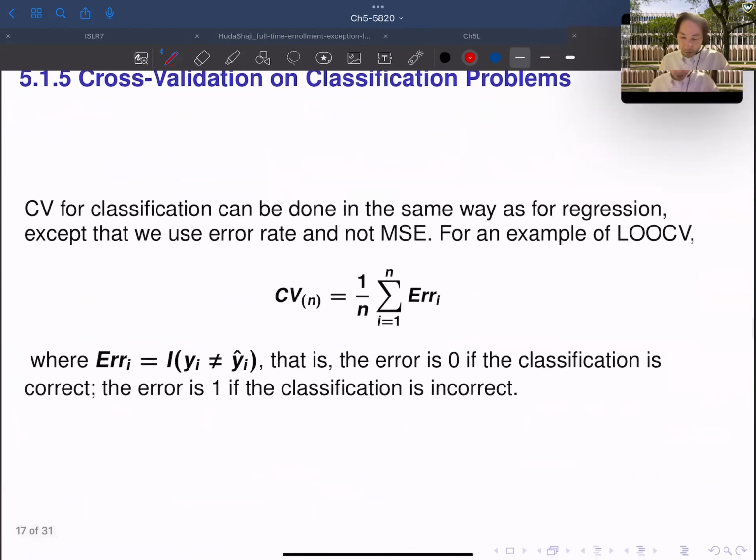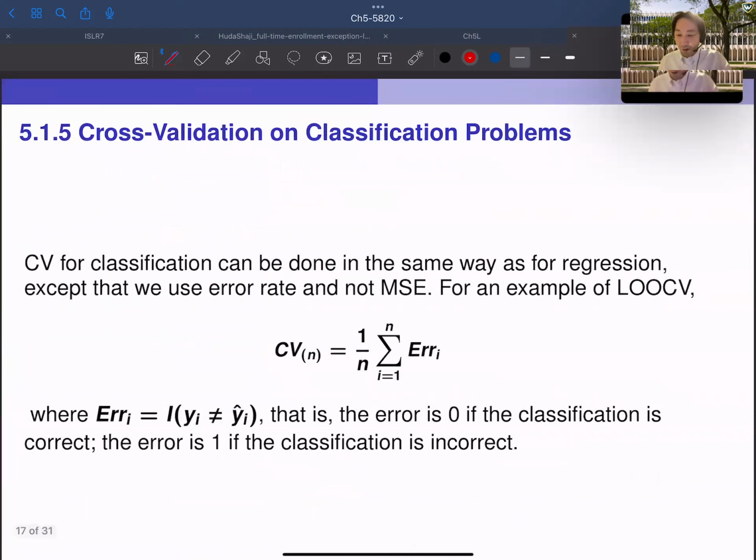And we have discussed the regression case, but we can also use cross-validation in the classification case. So we can just take the average error size. Error is defined by the indicator function of whether or not yi is equal to yi hat. That is, error is 0 if classification is correct, and error is 1 if classification is incorrect.